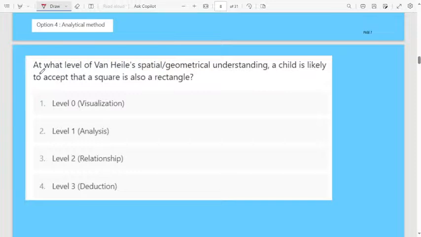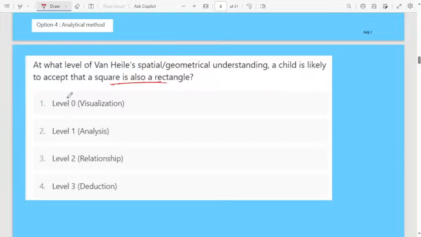At what level of Van Hiele's spatial geometrical understanding is a child likely to accept that a square is also a rectangle? In which level is a student capable of understanding that a square is also a rectangle?